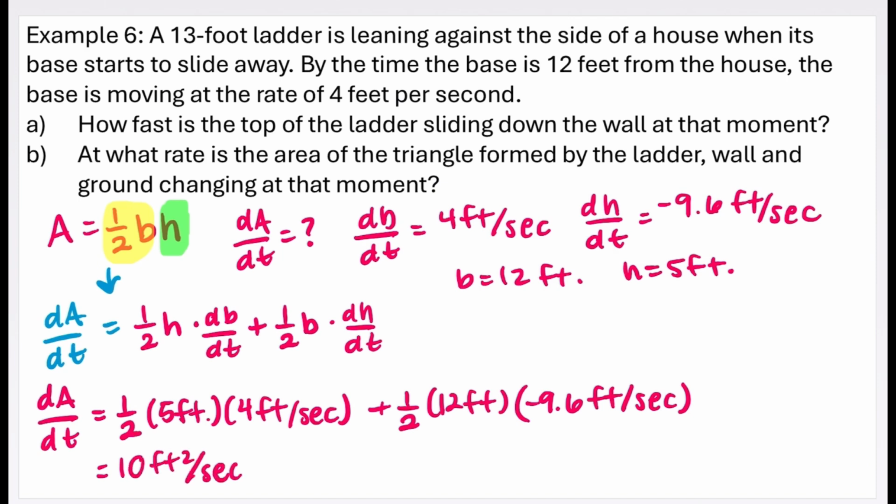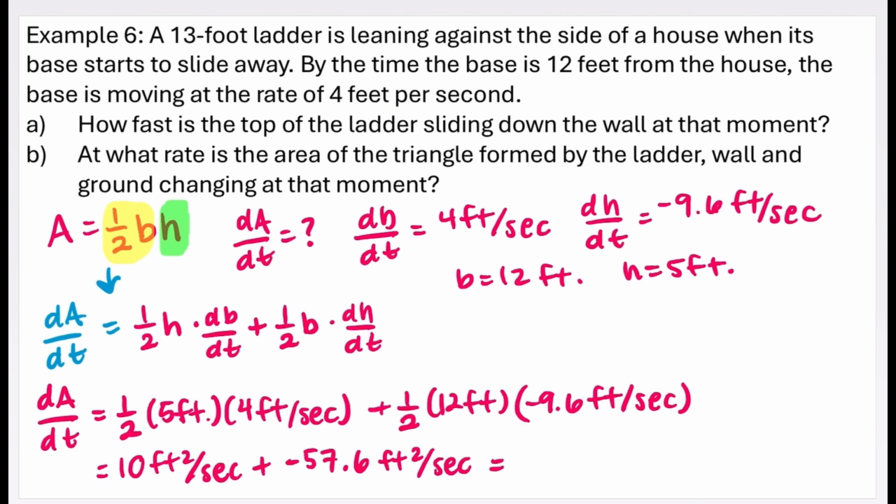Plus half of 12 is 6, and 6 times 9.6 is going to be 57.6, but negative. So negative 57.6, also feet squared per second.